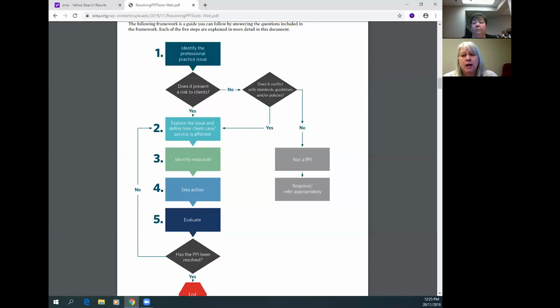But when I look at it, it's not presenting a risk to clients. It's not conflicting with the staff's ability to adhere to their standards, guidelines or policies, but it's an employment issue. I, as a manager, would say, okay, it's not a professional practice issue, but I still need to deal with this in order to really address the agreement between an employee and myself or the agency.